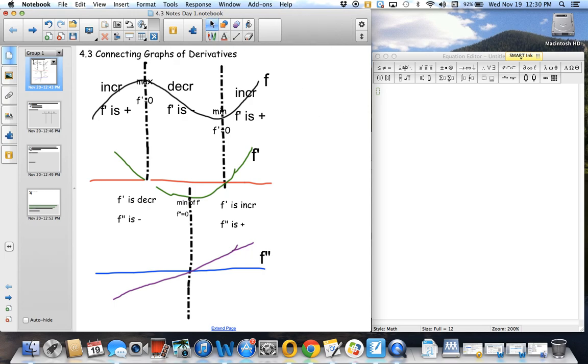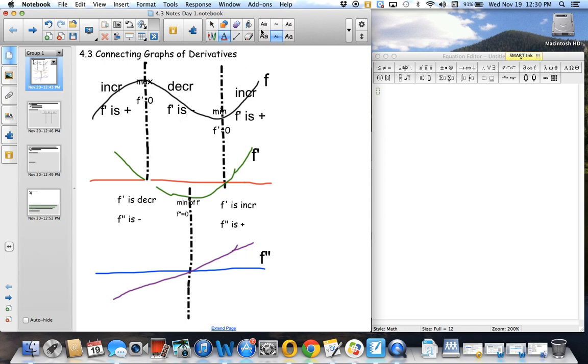And so there's our second derivative. Okay? Pretty amazing. We've got our original, our derivative, our second derivative. What do you notice about the 0 right here? This 0 right here. It was a minimum of the derivative. What point was it on our original graph? This point right here. What do we call that point? It's an inflection point right here.